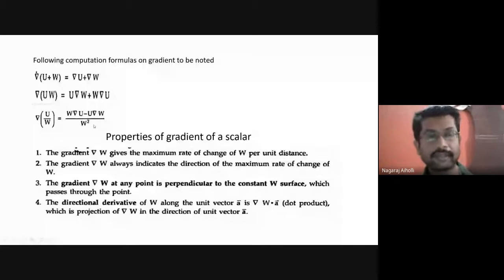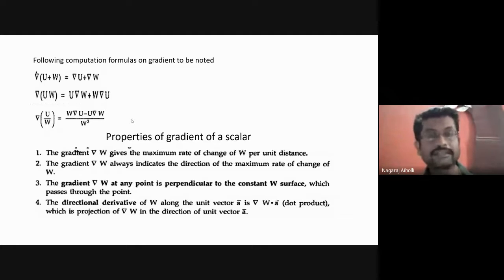Then we will go through a few of the properties of the gradient of a scalar. The first property is that the gradient del W gives the maximum rate of change of the scalar function per unit distance. The second application is that it also gives the direction of this rate of change of W per unit distance, because it is a vector quantity.